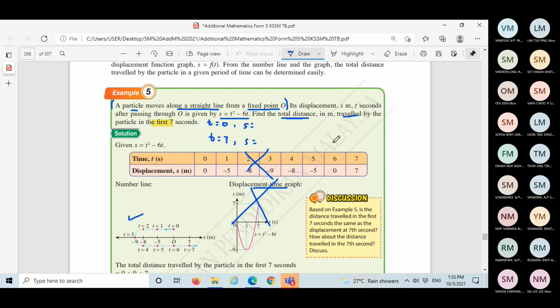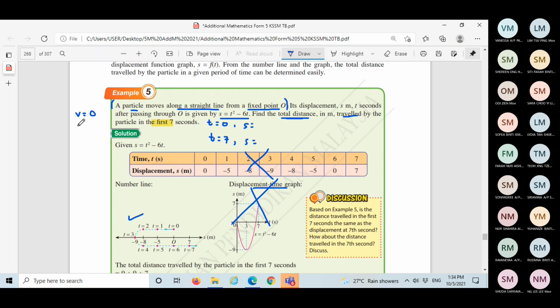That means where is the position of the particle. And one more thing: I need to know when the particle turns and changes direction. The particle will turn when v is 0. Remember, the particle is very cute, it will rest when v is 0. It rests for a while, not moving, and after that it will change direction. You have to remember this. So I need to find when v is 0.